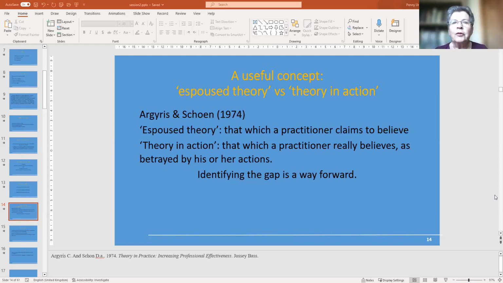Argyris and Schön, 1974, they talk about espoused theory, that which a teacher claims to believe, or maybe even genuinely thinks they believe, as opposed to the theory in action, which is what they genuinely believe as betrayed by the way they behave in the classroom. And I think that's a really useful distinction and relevant to the topic we're discussing.